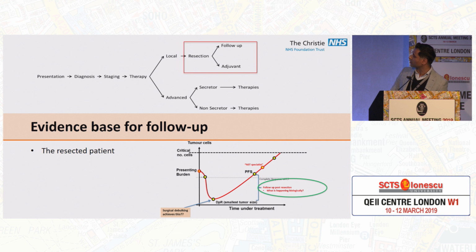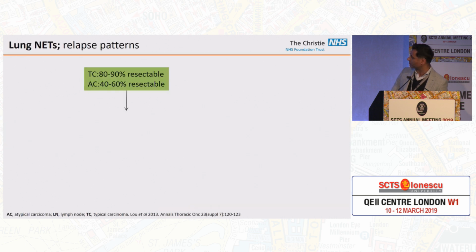And finally, evidence-based follow-up. So how do we put all of this together? Like I said, this part of this graph really intrigues and asks lots of questions. If you look at the way that patients relapse with lung NETs, most patients are, in fact, resected, so they end up with you guys.